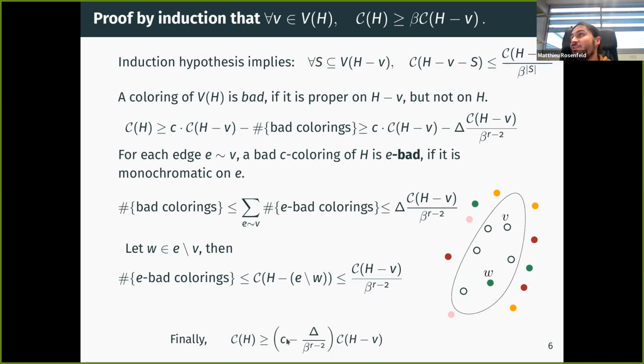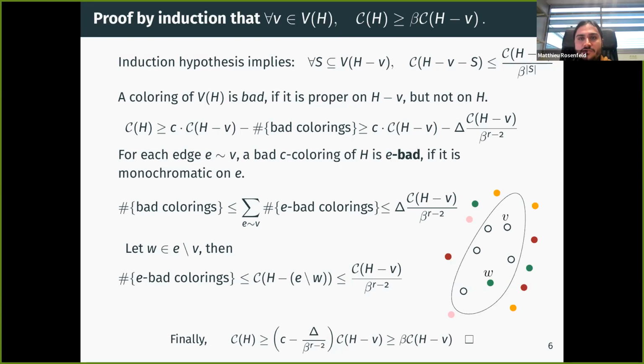You have to believe me now because I'm the only one who remembers, but I defined C to be beta plus delta divided by beta to the R minus 2 rounded up to the nearest integer, which means that C minus this is at least beta, right? So what I get is that the number of proper colorings of H is at least beta times the number of proper colorings of H minus V. And this is the proof.